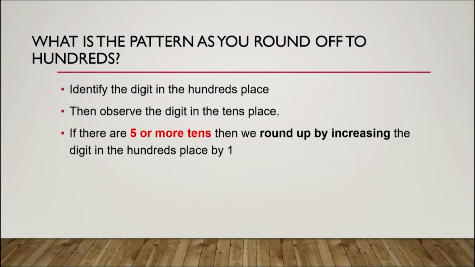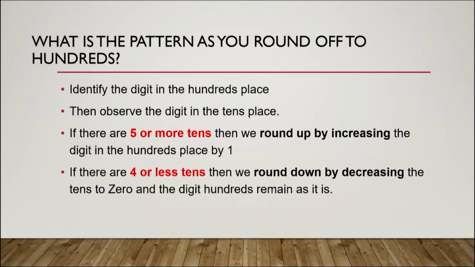If there are 5 or more tens, we round up by increasing the digit in the 100 place by 1. If it's 4 or less tens, we round down. So clearly, rounding up means you're increasing the number, but you're still keeping the integrity of the main value of that number. And if you round down, you decrease it somewhat.